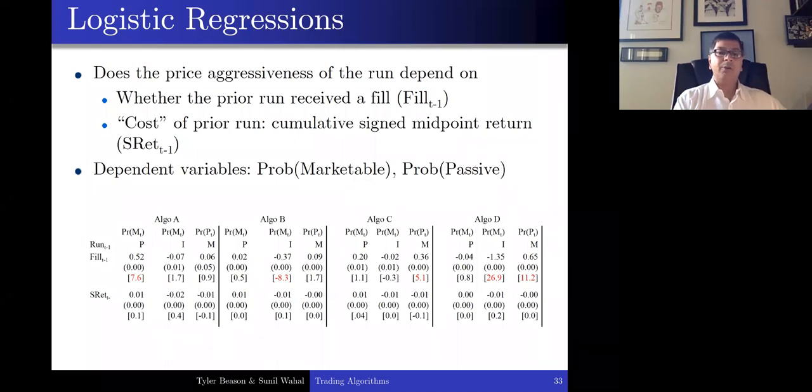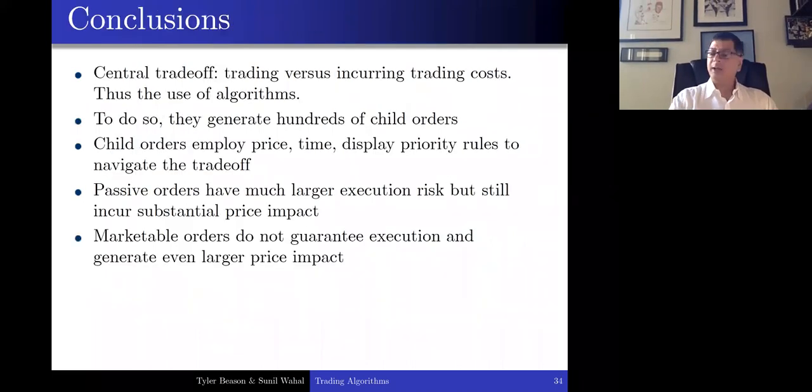Again, without going into too much detail here, what I'm going to focus on is the numbers themselves. These are probability changes. The big thing that seems to be going on here is that whether a run is marketable or passive really depends quite significantly on whether the prior run received a fill or not. So quantity trade-offs here seem to be quite important.